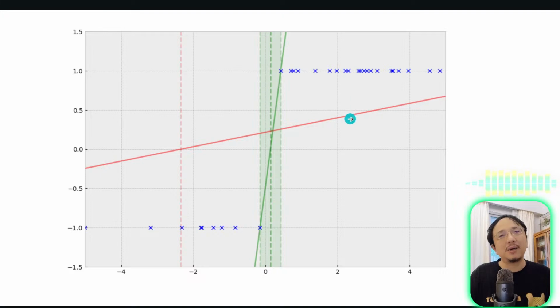Recall that the issue of using a straight line directly, like linear regression, is that even if we have a perfect decision boundary and everything is perfect for this red line, we still get a lot of loss.